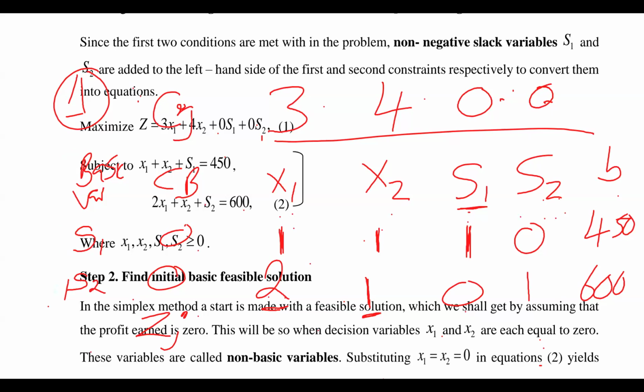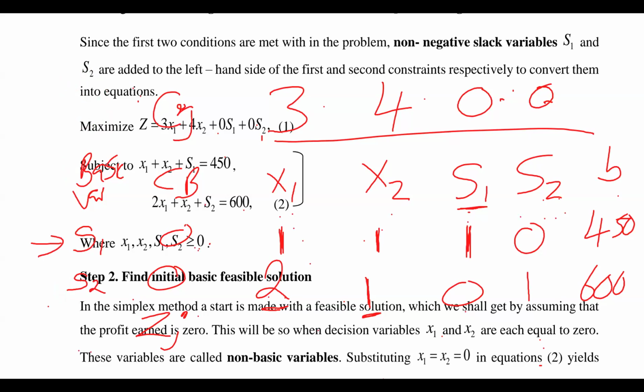Let me remove them. These numbers can be confusing. So the coefficient here for S1, in this row, is 0, right? So it's 0 times 1, which is 0.